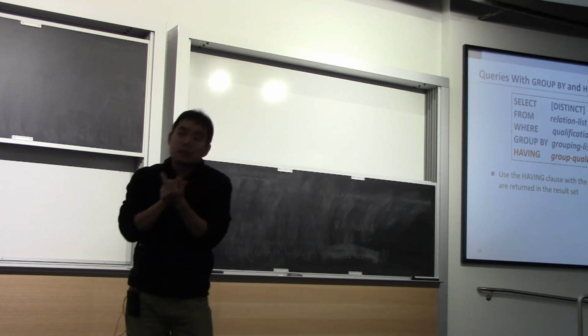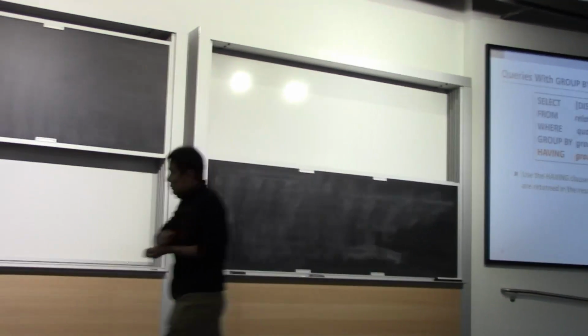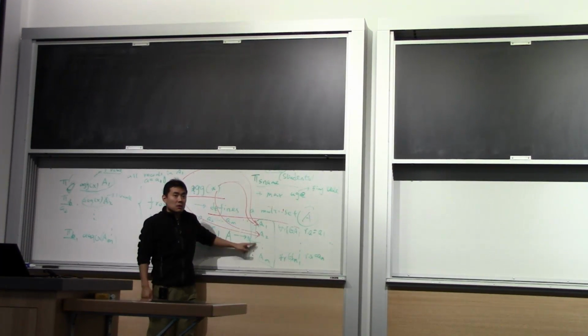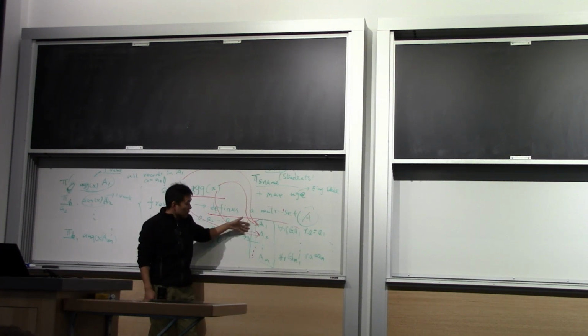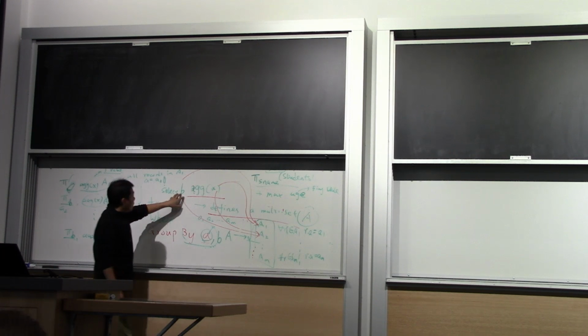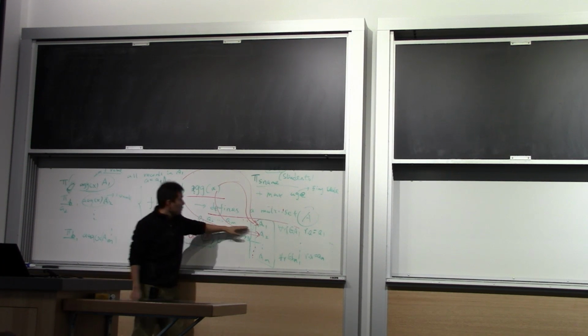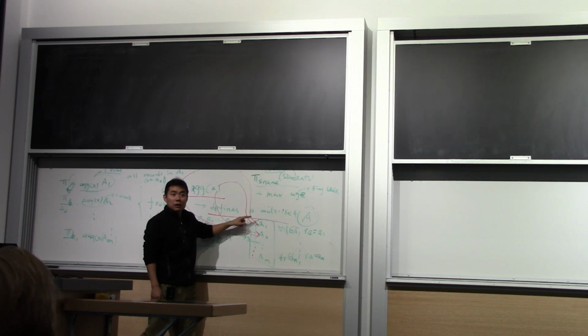Well, if you think about it, we are imposing a condition over these groups that you have produced from this set. You are imposing a condition over these groups before you do the final projection. For example, these are athletes grouped by country, right?